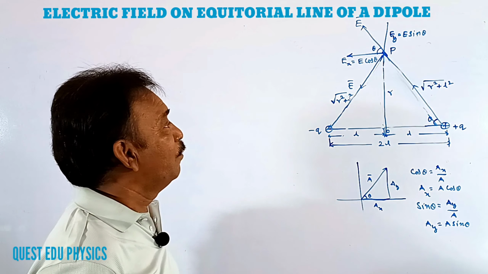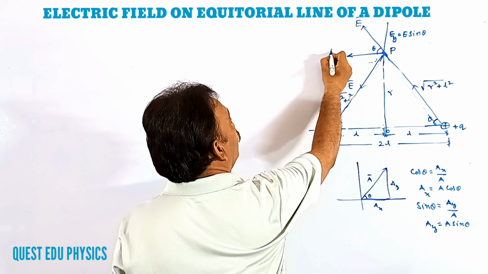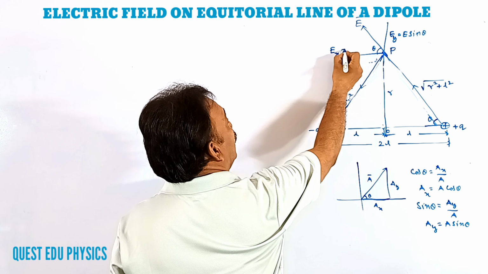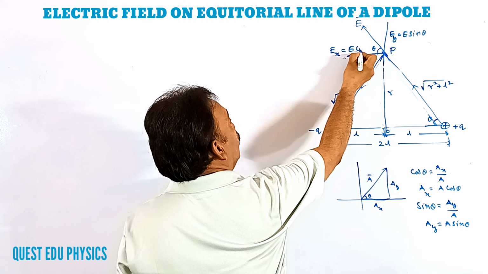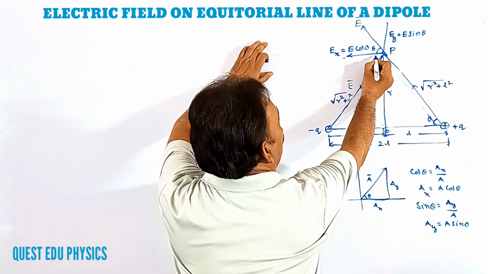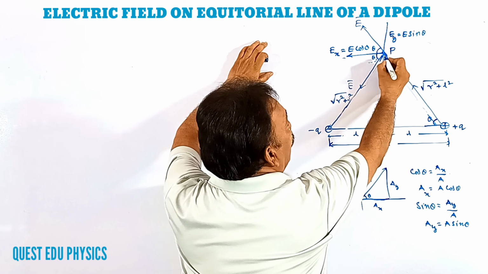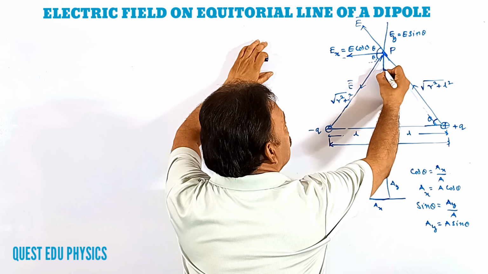Okay, students, here I am writing it as Ex, it is equal to E cos theta. See, students, if it is a theta, automatically it is also theta. We are doing the same here. E being divided into two components.